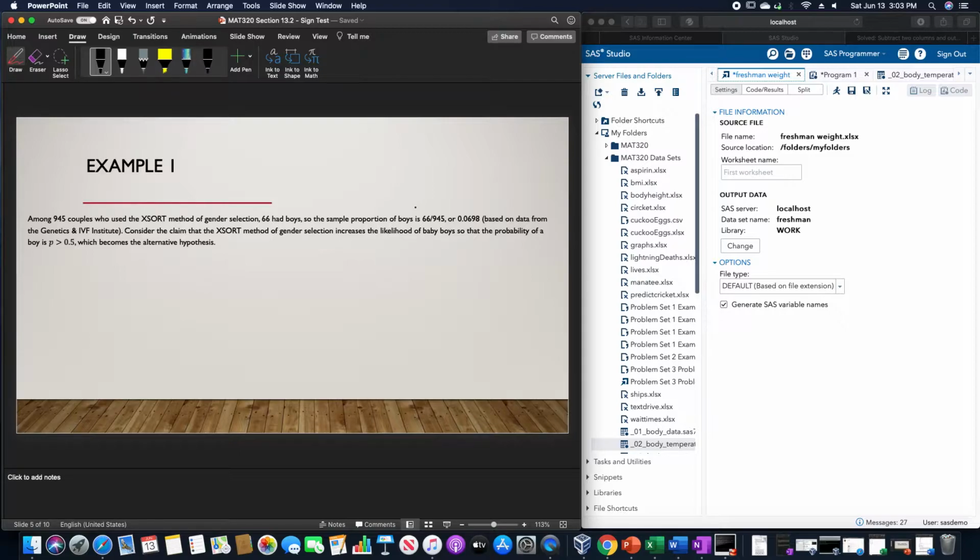But let me just type this out so it's a bit easier for this. We know that the sample proportion is 0.0698.